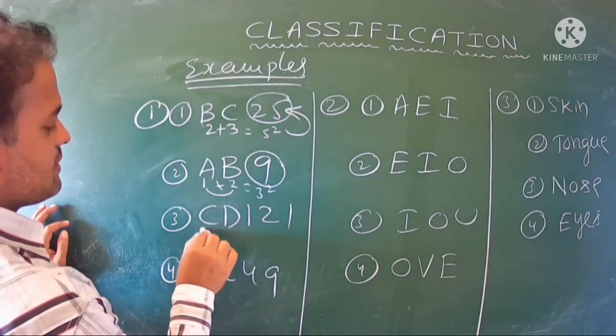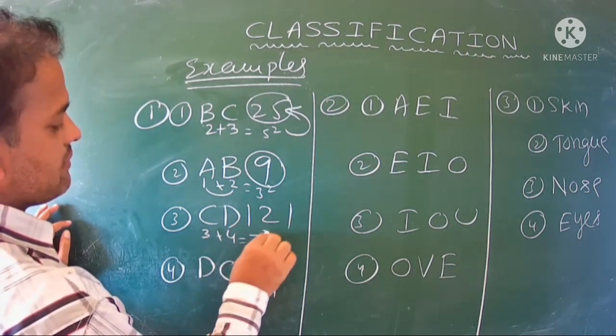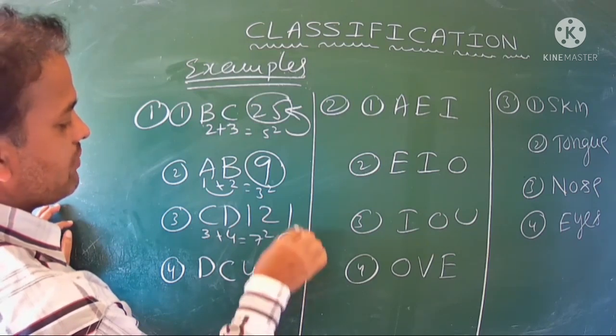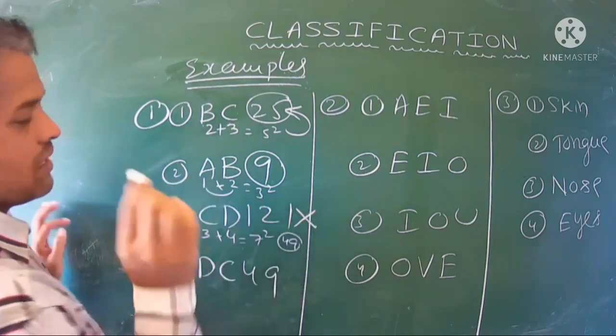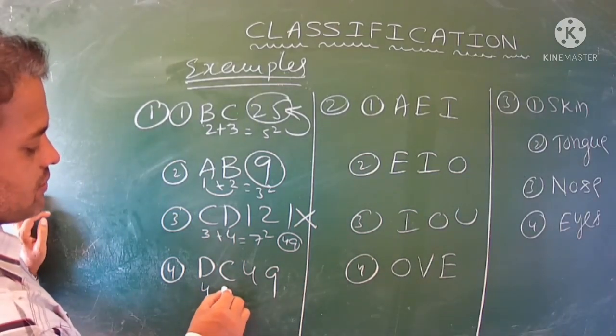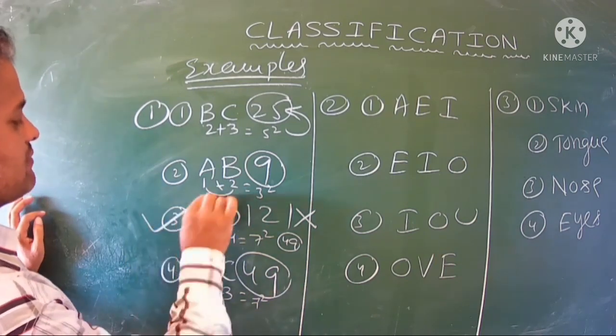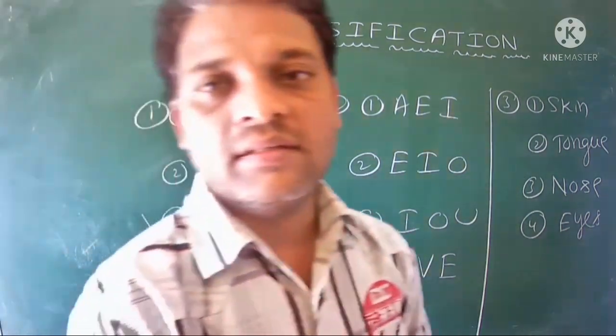Suppose C is 3, D is 4: 3 plus 4 is 7. 7 square is nothing but 49. I want 49, but here 121 is there. Maybe it is wrong. Once you check this fourth one, D4 and C3: 4 plus 3 is nothing but 7. 7 square is nothing but 49. So that's why the odd one out is the third option.